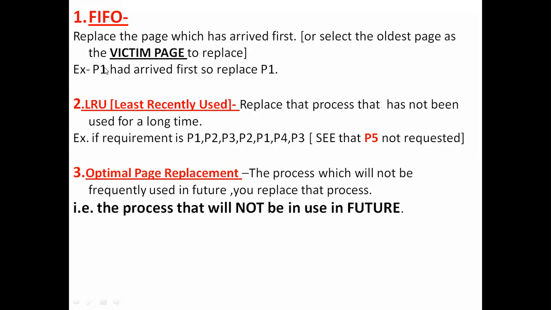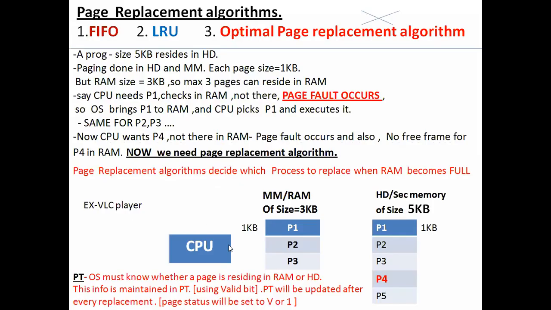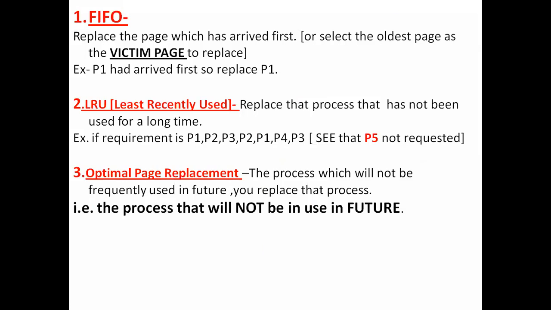According to this figure, the first page to arrive is P1, after P1, P2 has arrived, and after P2, P3 has arrived. Hence, among these three pages, P1 was the first to arrive, so I am supposed to replace P1 in the first in first out algorithm. You will understand this better once we discuss the algorithm.